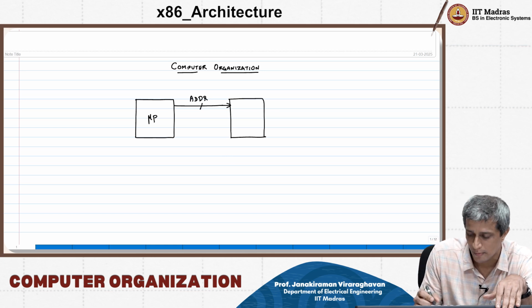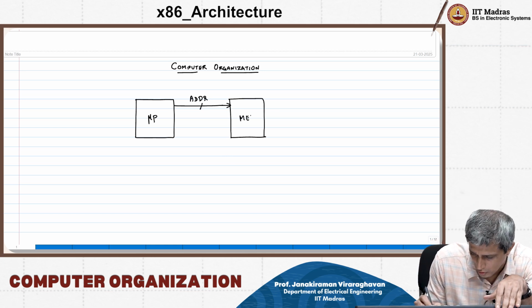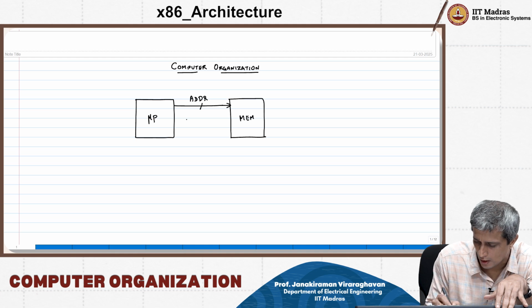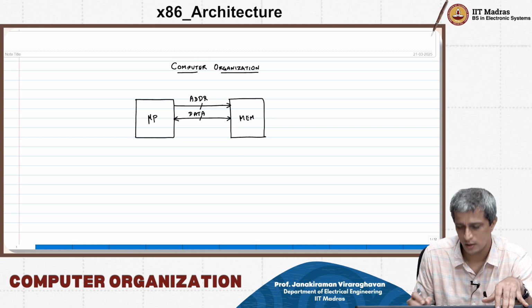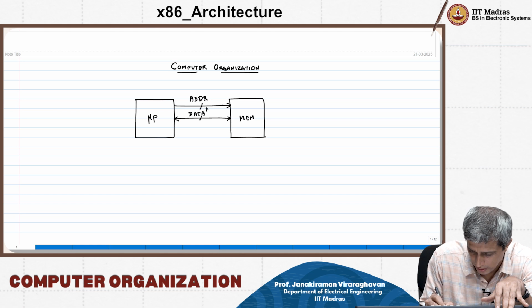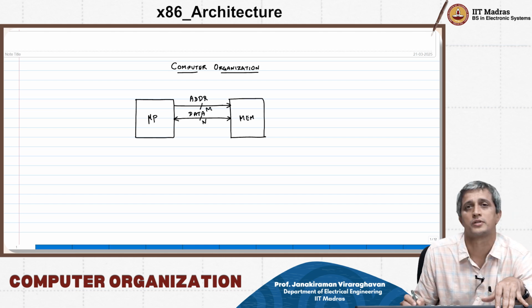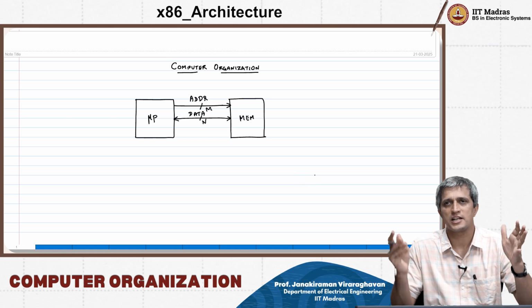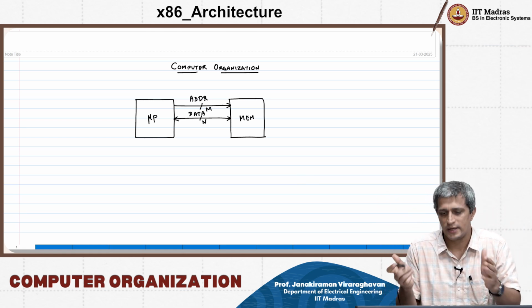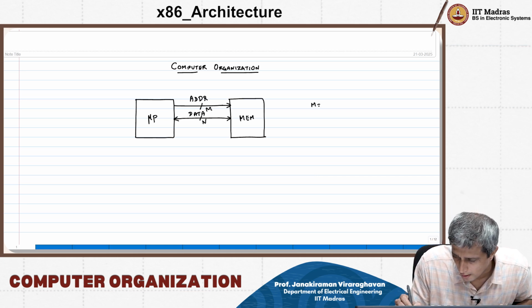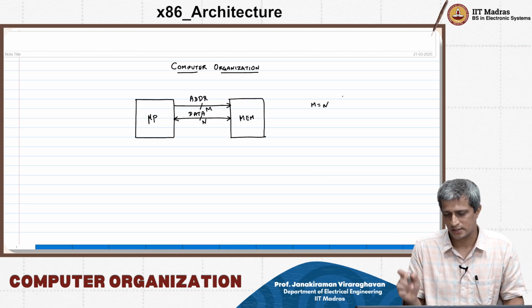It's an input to the memory. But on the other hand, data is bidirectional. This is data. So the address could be m bits and the data n bits. That means the address is m wires, data could be n wires. Typically m will be equal to n, but it's not necessary.